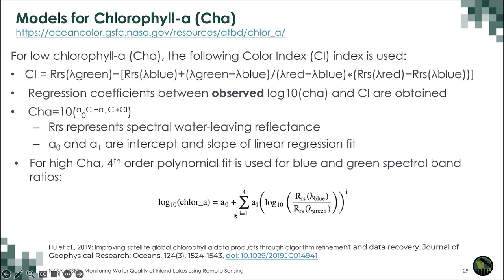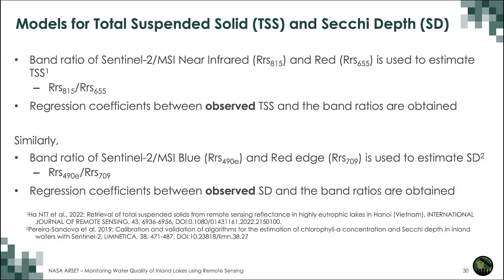In GEE, it's difficult to do this part. You have to do it offline and then use the coefficients to calculate chlorophyll A. So for demonstration, we are going to focus on CI, but you can use other software like Python or IDL or R or MATLAB to fit a fourth order polynomial if chlorophyll values are high, and then you get more accurate chlorophyll concentration from that.